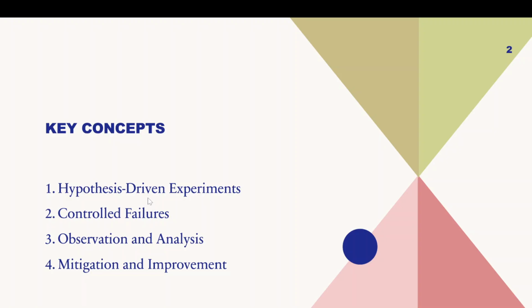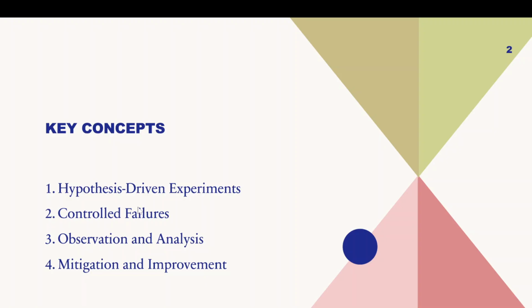Engineers introduce controlled failures, and if something goes out of our control, they should be able to roll it back immediately to minimize the impact on the production environment.